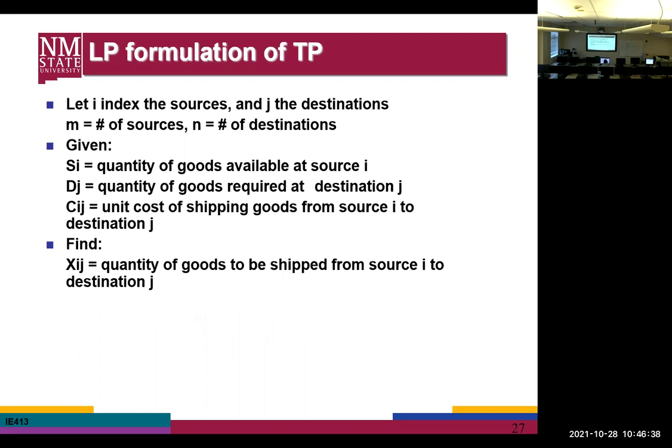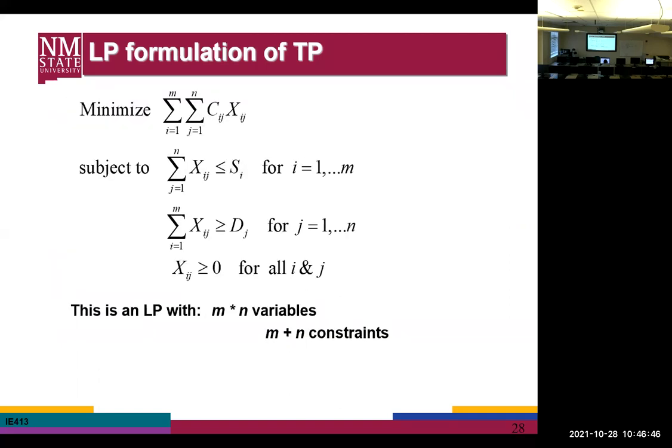In general, the transportation problem is specified using this notation, and the general formulation of the transportation problem is just like this. Okay. So keep in mind that the transportation problem deals with 2 sets of constraints, the supply constraint and the demand constraint, besides the sign restrictions.